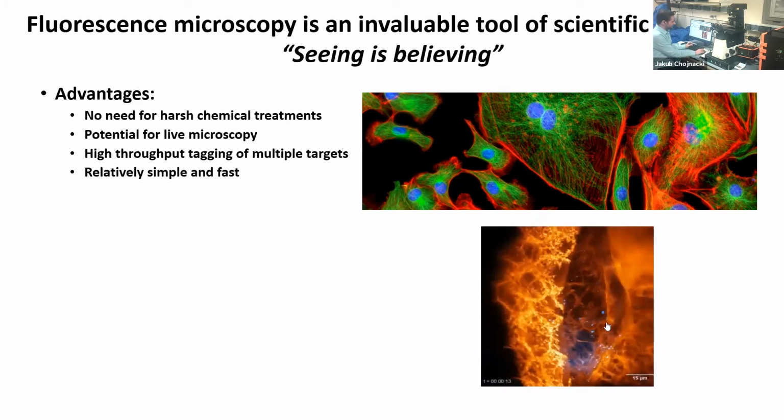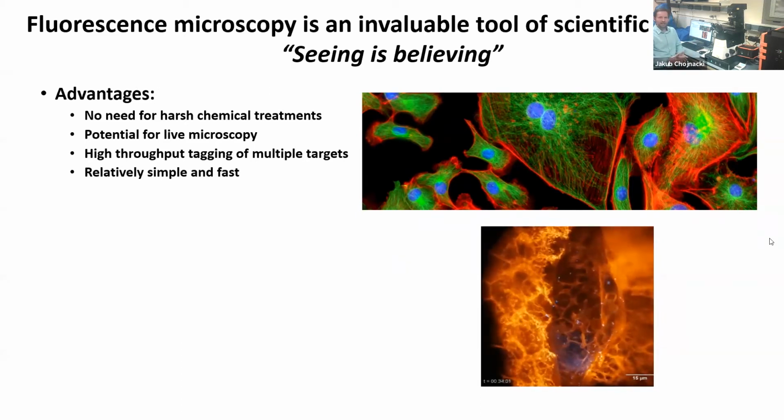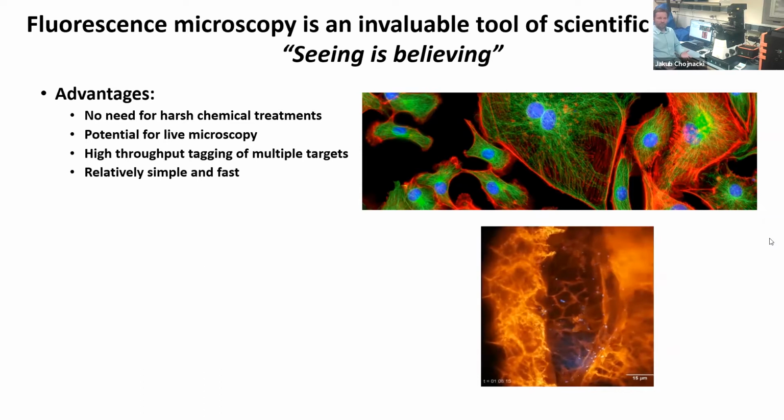Here is an image of an immune cell in a tissue, surveying the antigens and eating foreign material. So fluorescence microscopy allows you to study things live, which is very important because, once again, we can study things as they are without altering them too much.